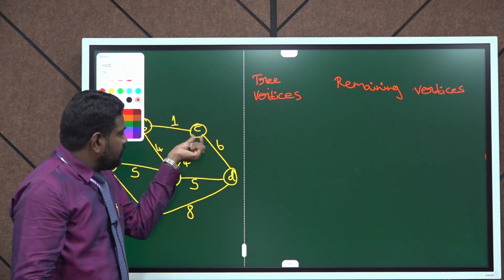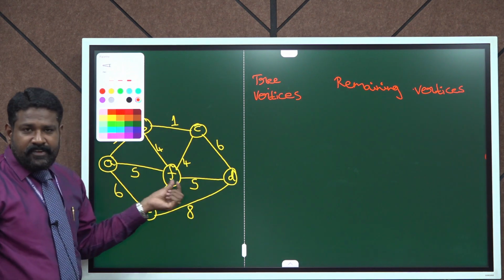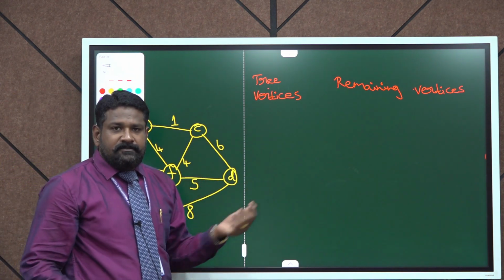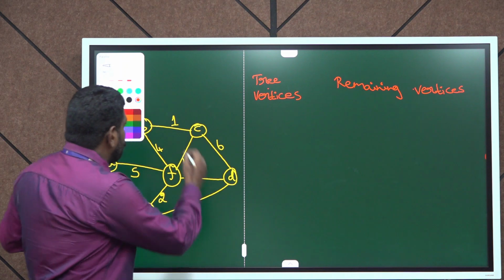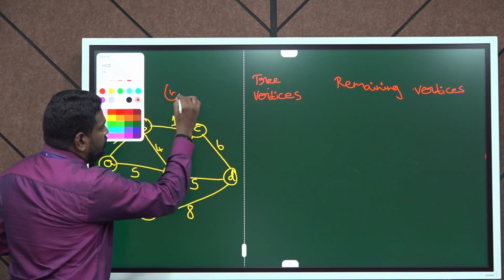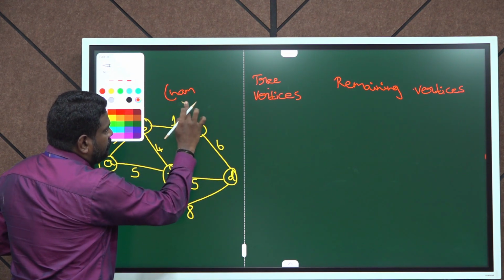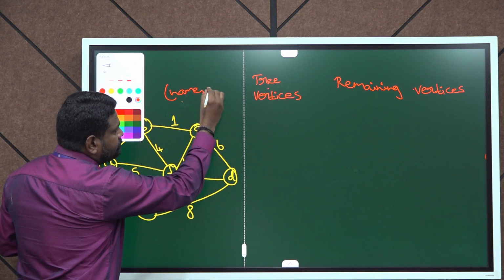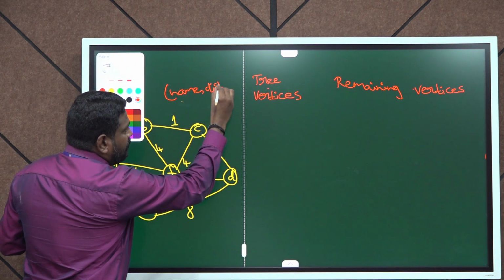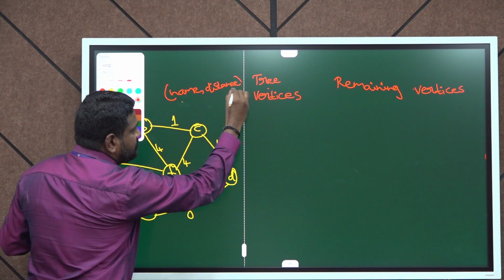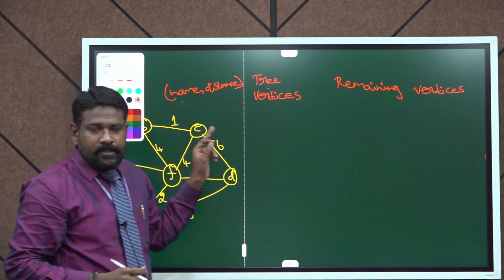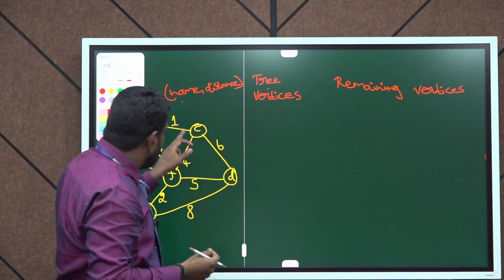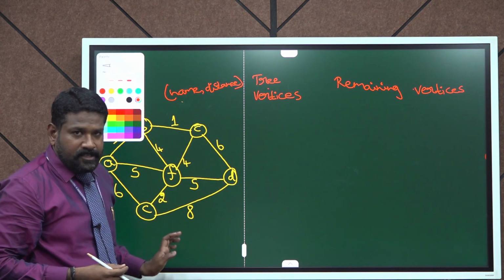Here you can see we have 6 different vertices. For each vertex we are going to give 2 labels: the name of the nearest vertex and the distance value. Likewise we are going to find these for each vertex.